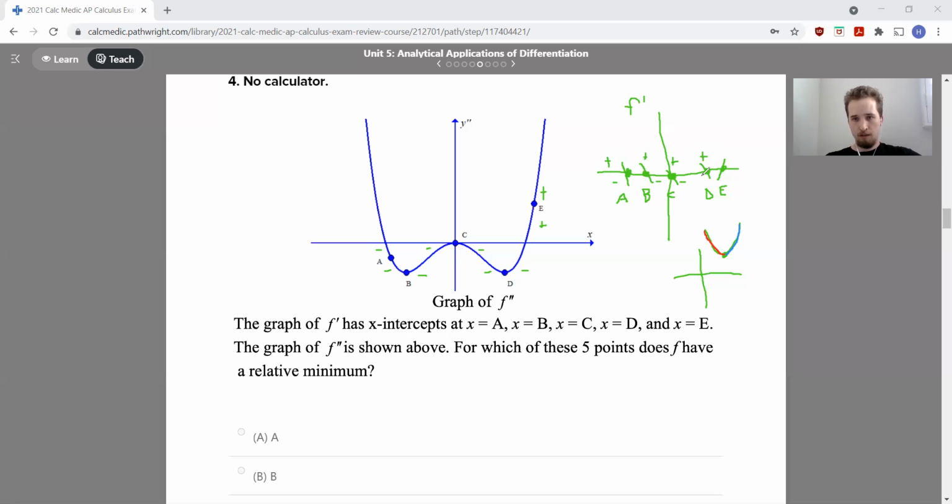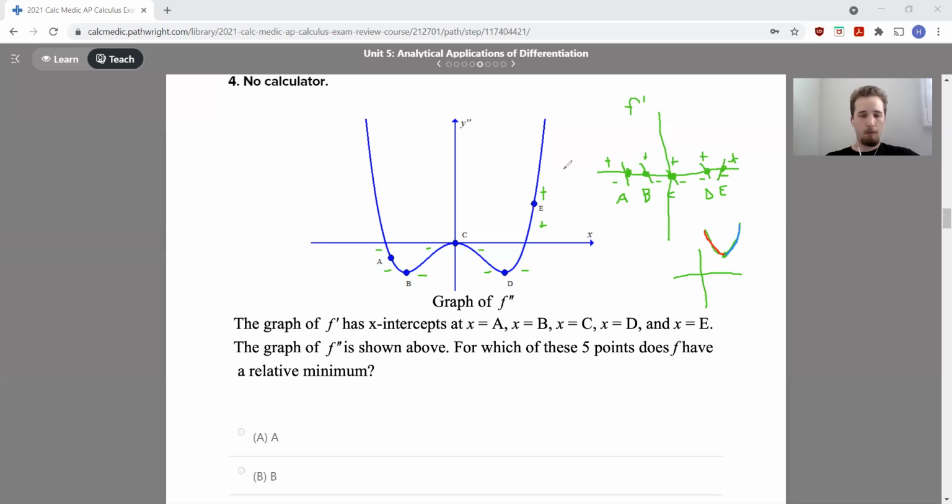Starts out positive, turns negative. But E starts out negative because it's below the x-axis and goes positive. So we know that E must be a relative minimum.